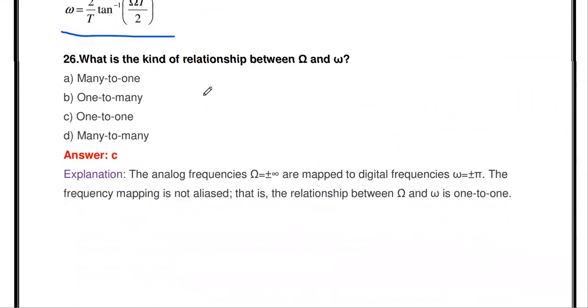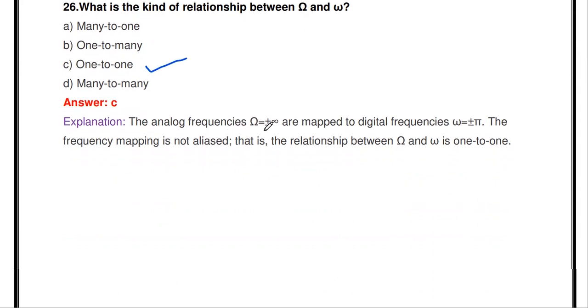The next one: what kind of relationship is there between the analog omega and the digital frequency omega? Many to one, one to many, one to one, many to many? It is one to one. For one analog frequency, we will get the corresponding one digital frequency.